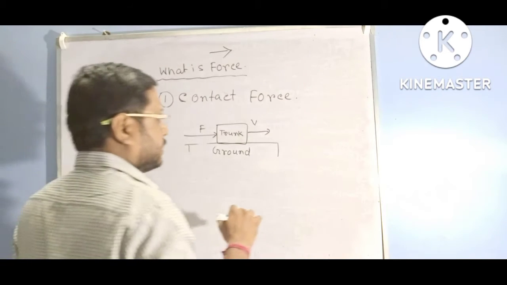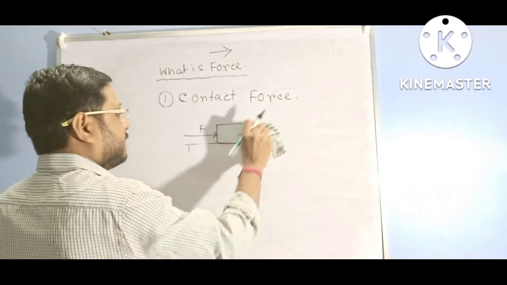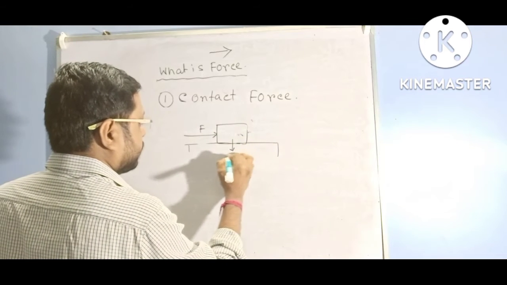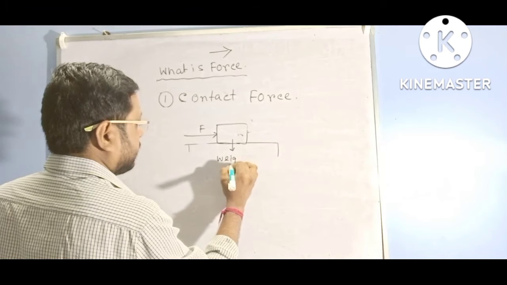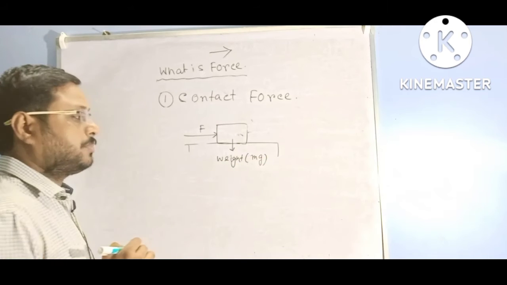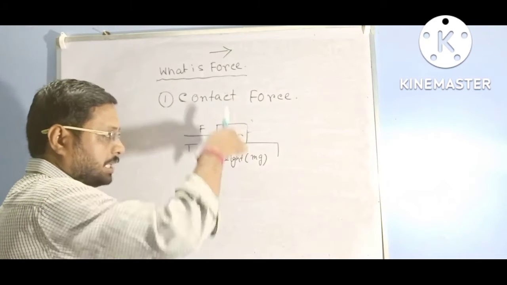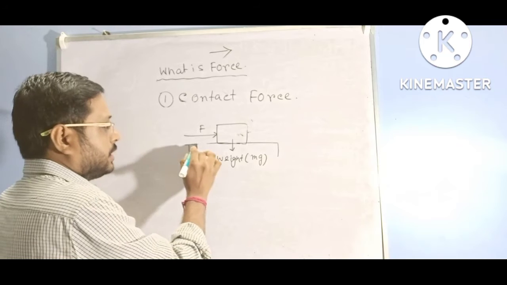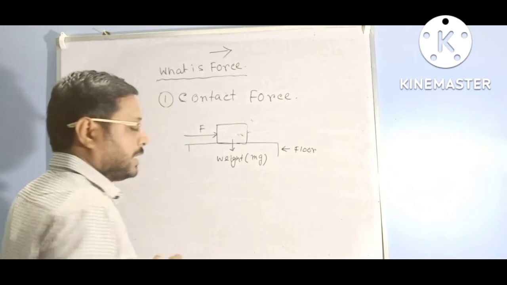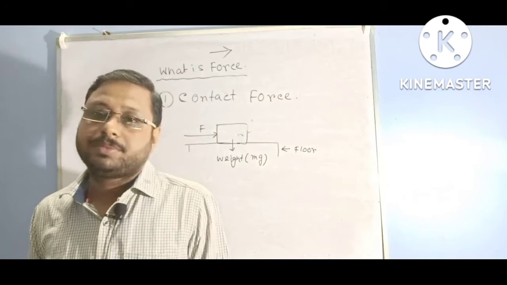Another type of force is normal reaction force. If a body is placed on the ground, it always puts a force downward due to its weight, mg, where g is acceleration due to gravity. According to Newton's third law, there is an equal and opposite reaction to this force.